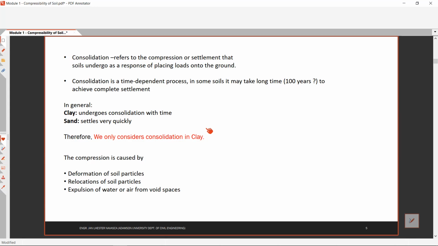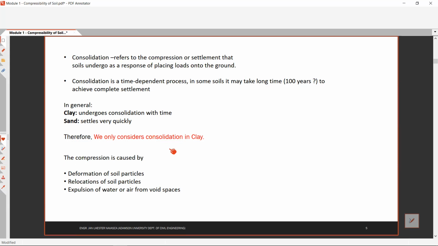So in general, yung clay undergoes consolidation with time and yung sand settles very quickly, kasi nga yung hydraulic conductivity ng sand is much higher compared to clay. Therefore, we only consider consolidation in clay. Kasi nga hindi agad-agad natin mapapansin yung consolidation settlement kapag may clay layer tayo sa soil profile natin. Minsan, sinasabi nila nagkakaroon pa ng settlement yung lupa natin.